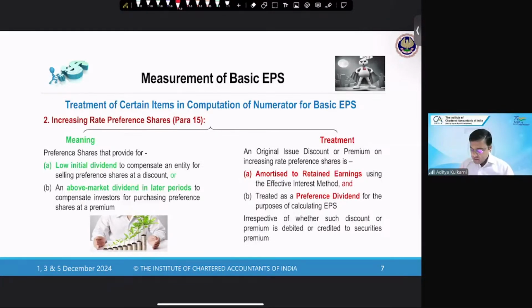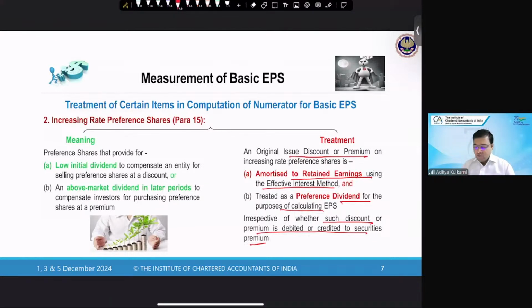Okay. Now, treatment: the original issue discount or premium is amortized to retained earnings using the effective interest method and treated as a preference dividend for the purposes of calculating EPS, irrespective of whether such discount or premium is debited or credited to the securities premium.